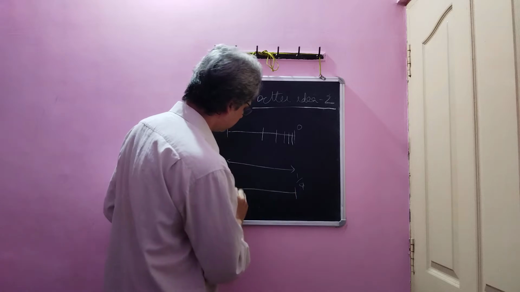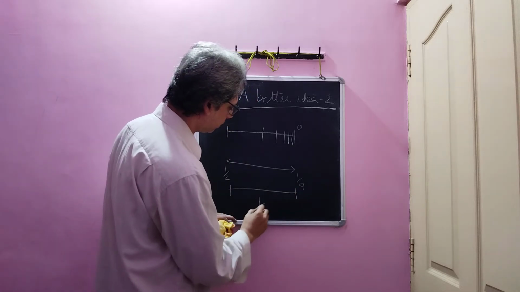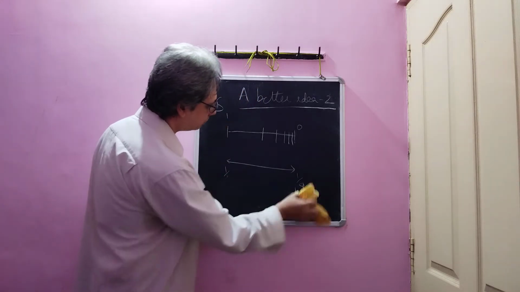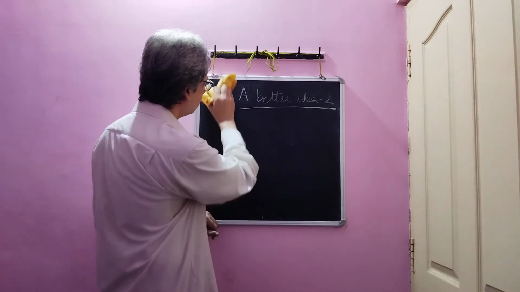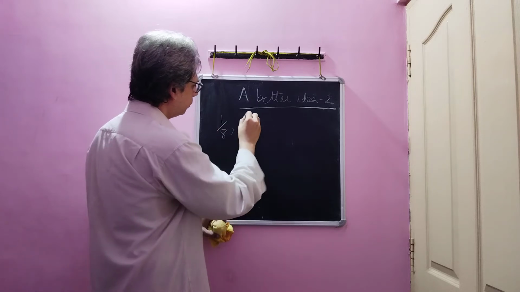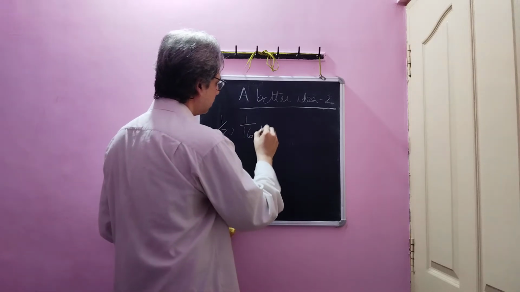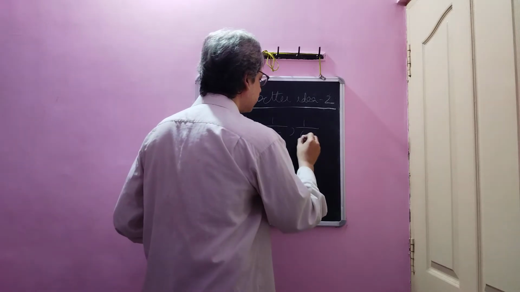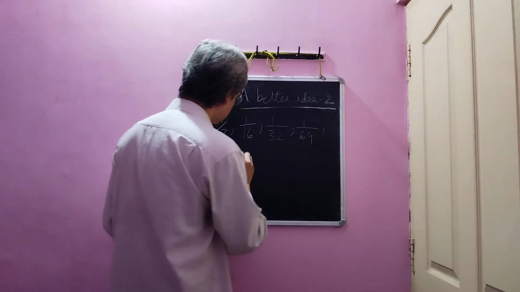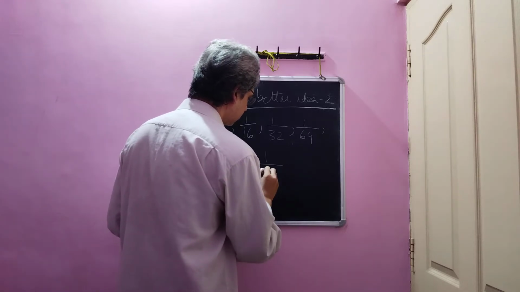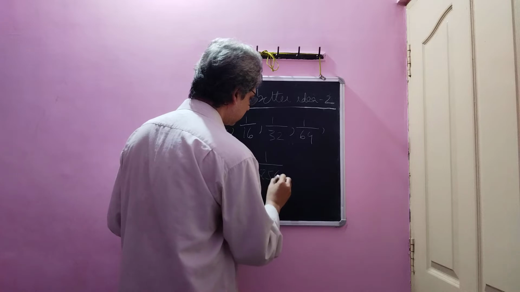Now note that the distance between these two is actually 1 by 4. So if we take the successive halves as the ratio there, we will have the sequence 1 by 8, 1 by 16, 1 by 32, 1 by 64, 1 by 128, and 1 by 256, and so on.